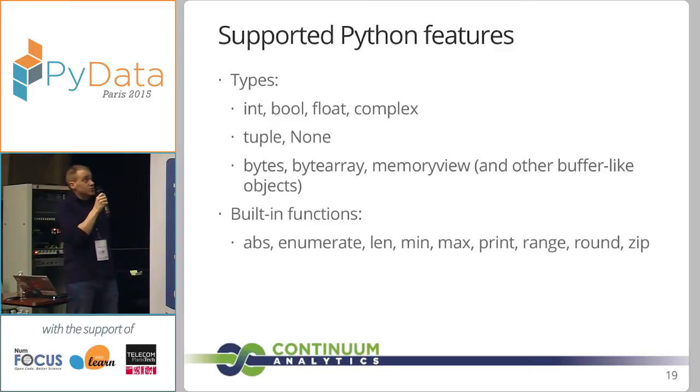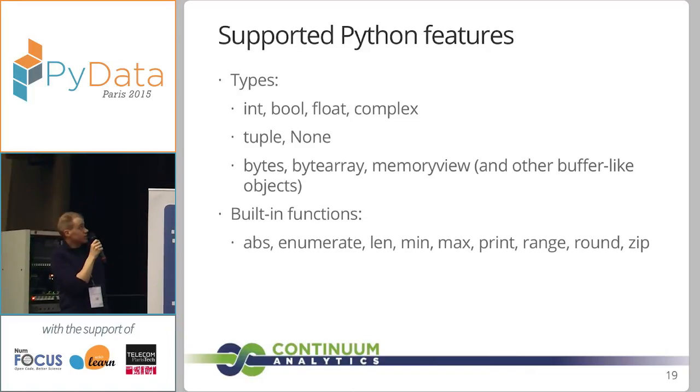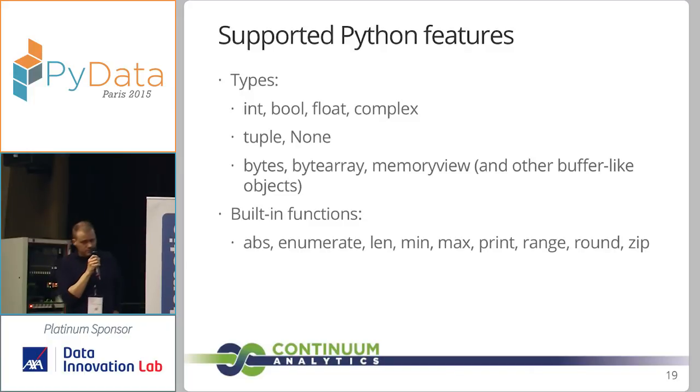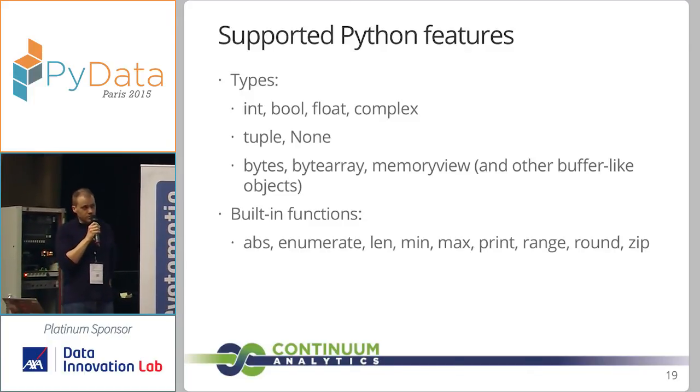So apart from syntax, we support a bunch of built-in types. So the number-related built-in types, of course: integer, Boolean, float, complex. We support tuples and None because they are useful even in mathematical code. We have some support for buffer objects which expose the buffer protocol.